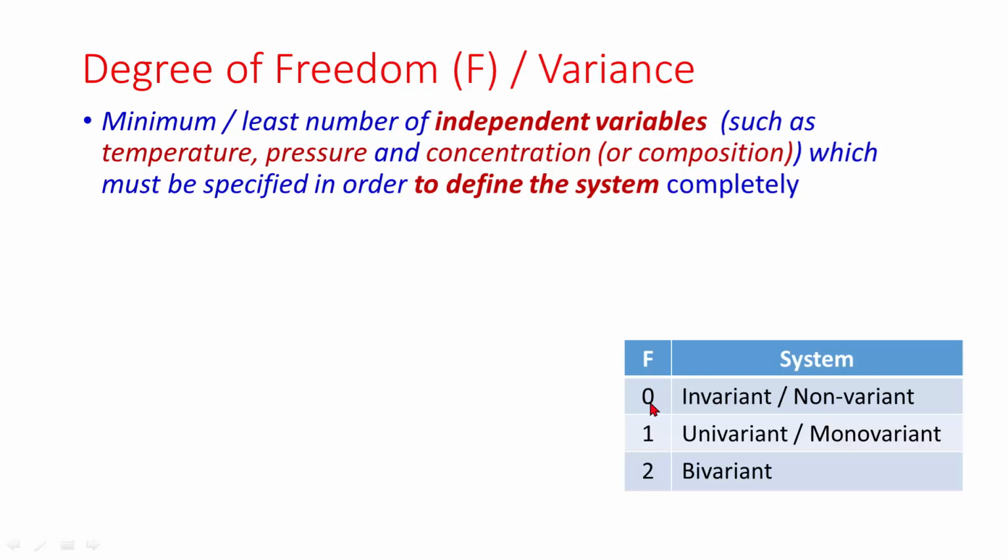F is equal to 0 is termed as invariant or non-variant. When F is equal to 1, it is termed as univariant or monovariant. When F is equal to 2, it is termed as bivariant.